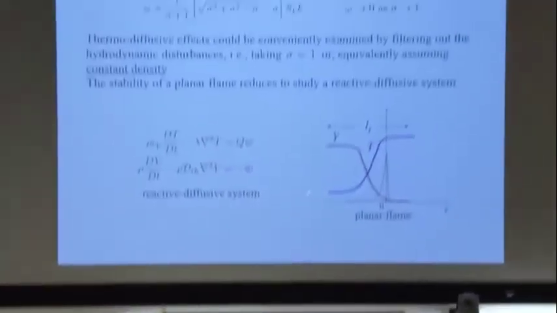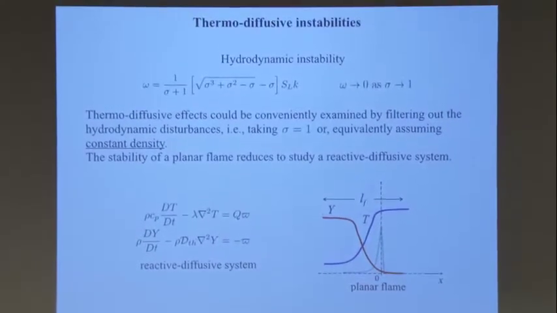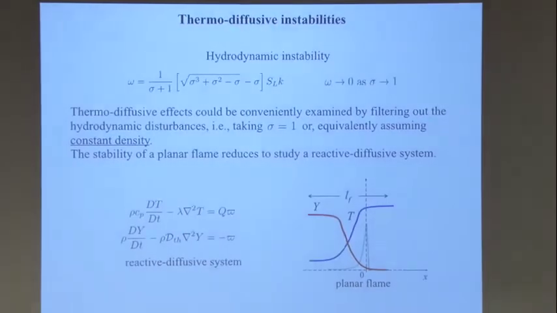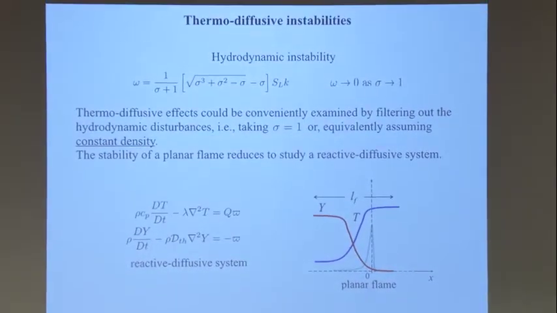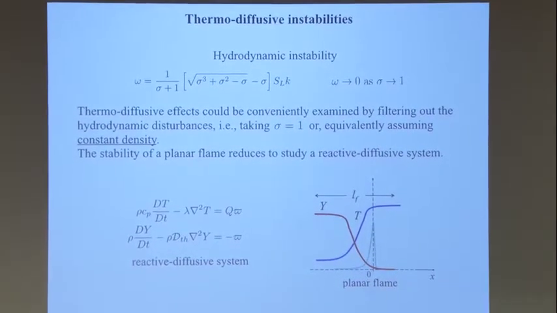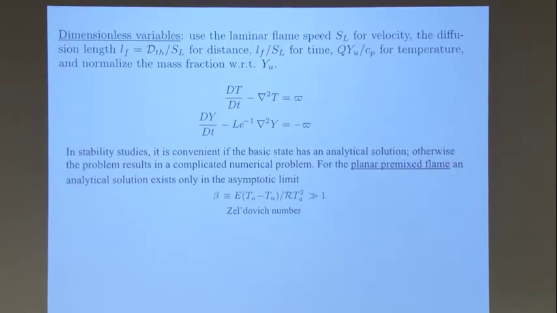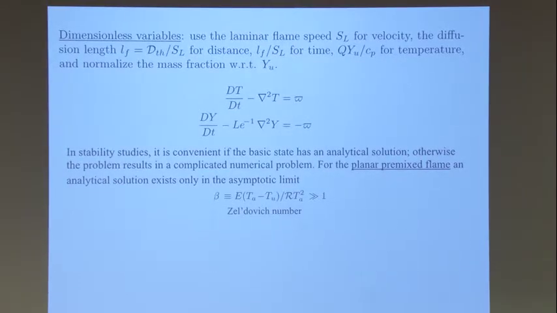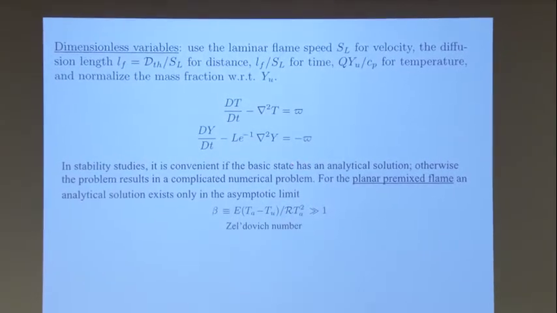Okay, so what we have now is a temperature and mass fraction, and we want to write, first of all, the solution for a planar flame, which we did, and then perturb it. Well, these are the two equations in dimensionless form.